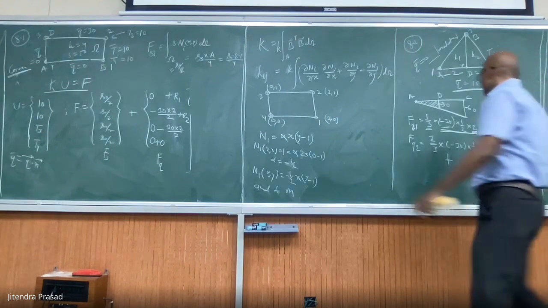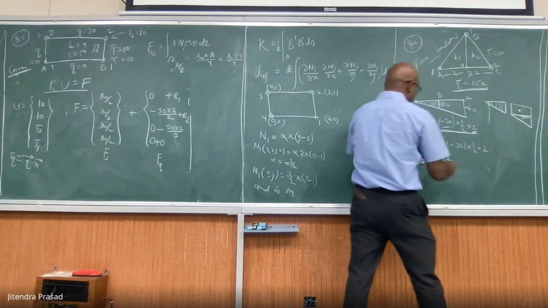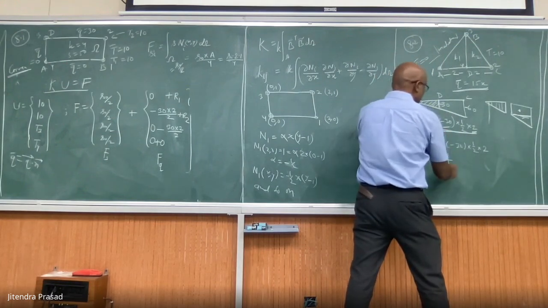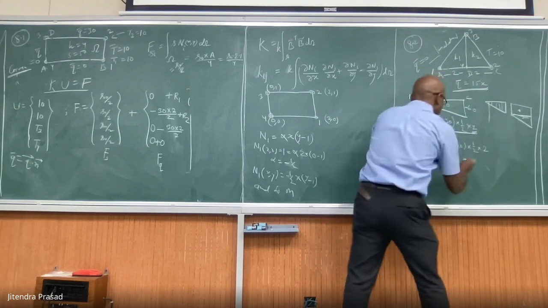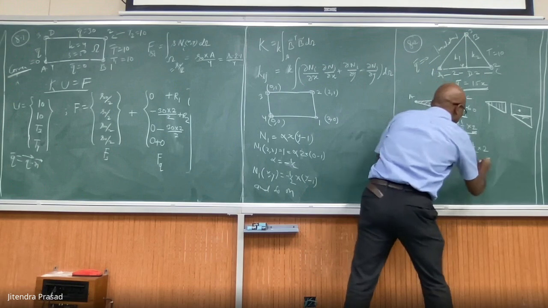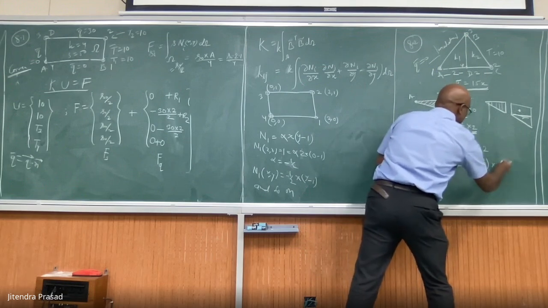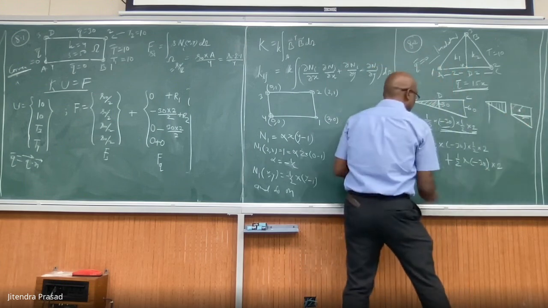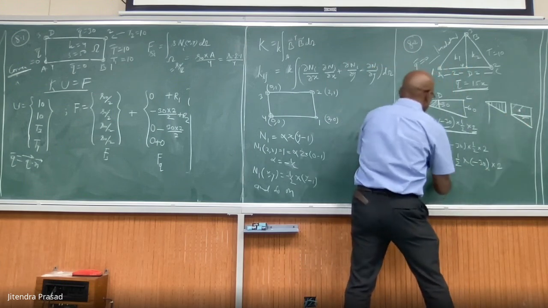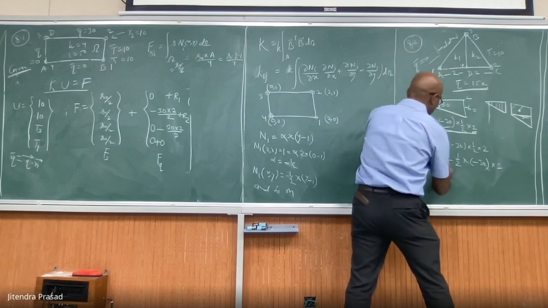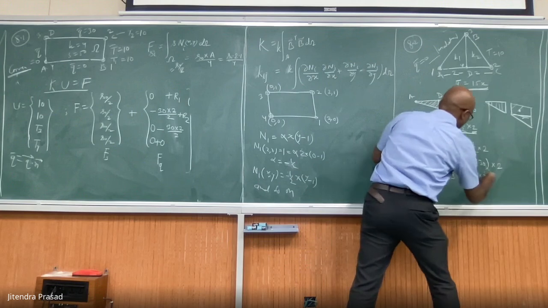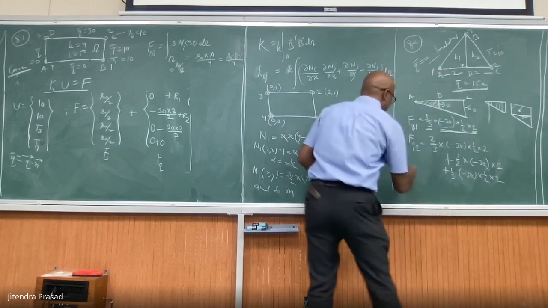So basically, what you will do? Half of this will be half times -30 multiplied by 2 only. So 1/3, half of this, right? And then plus this way, right? Plus 1/3 of -30 multiplied by half, right?